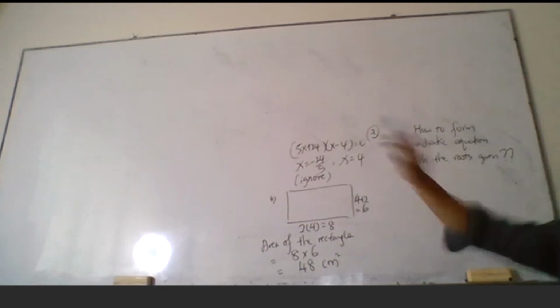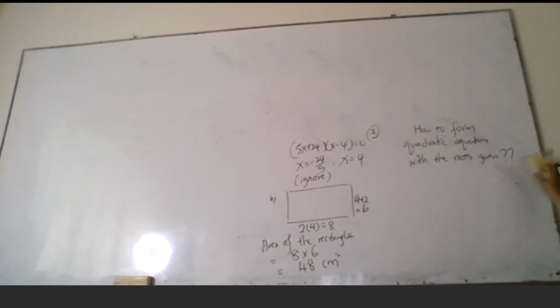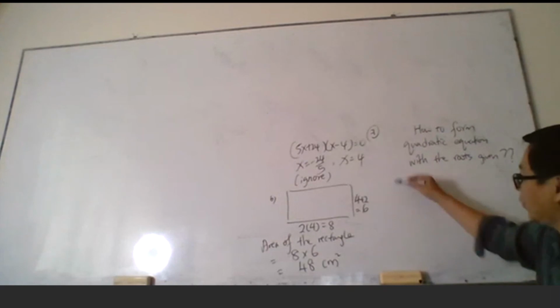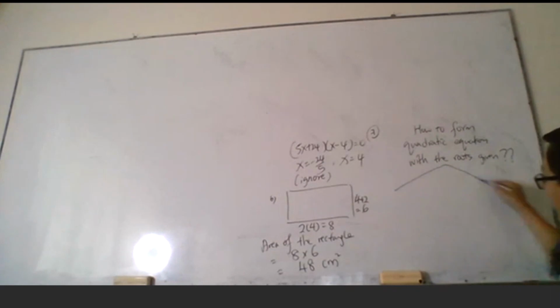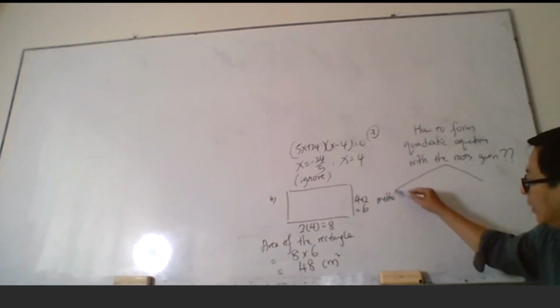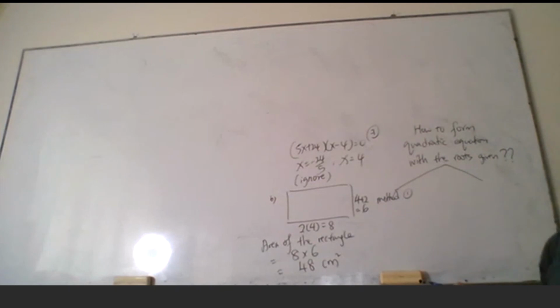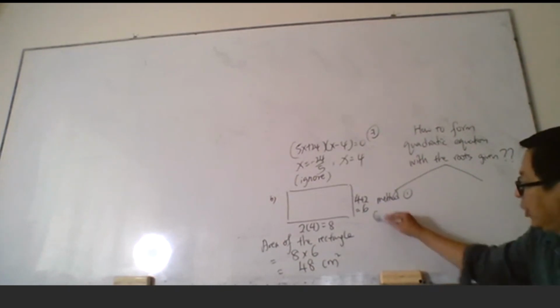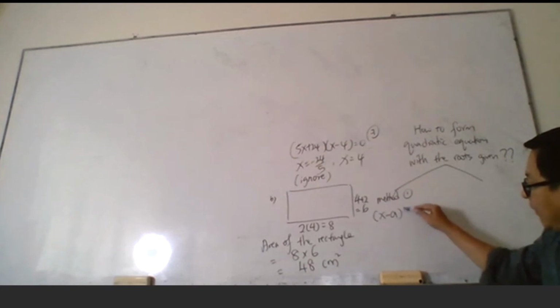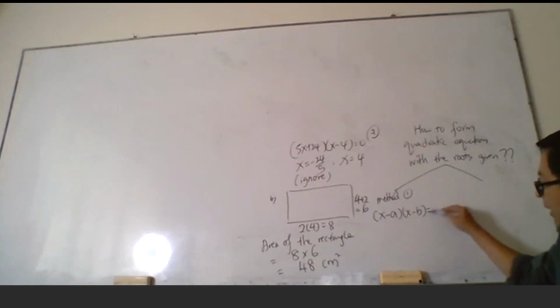Okay, actually it's simple. So I just need to tell you the simple one. So we got two different methods. Number 1, actually we are using the product of two linear expressions. I will use x minus a, x minus b equal to 0.